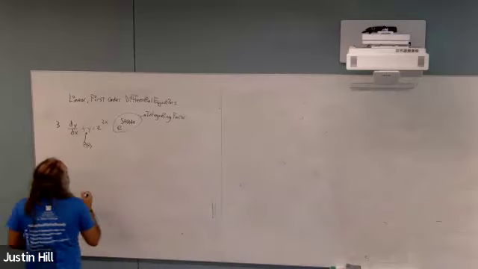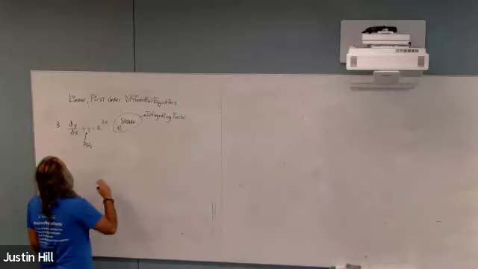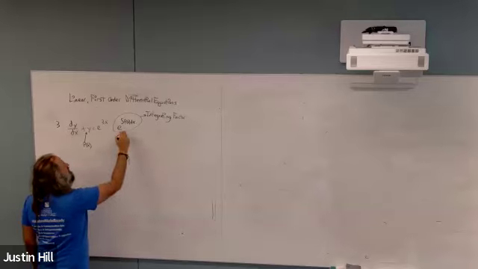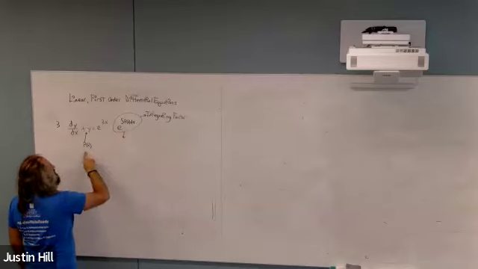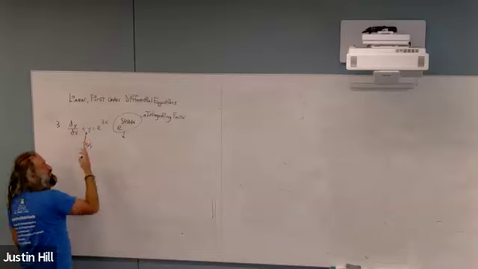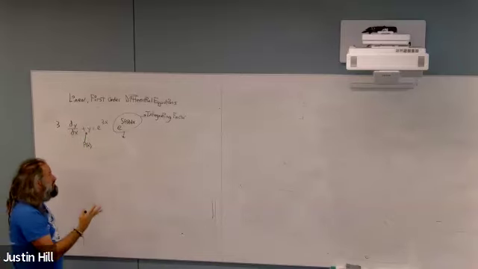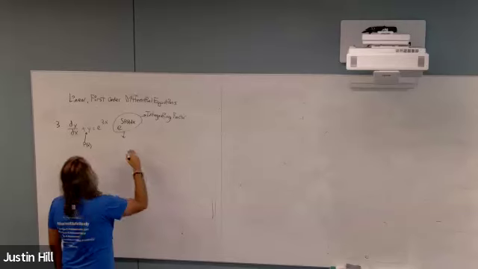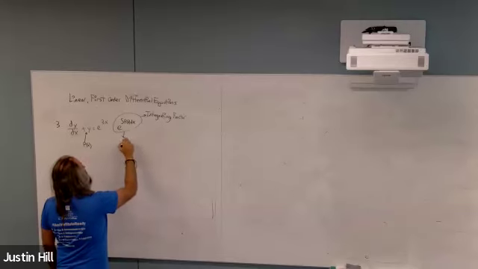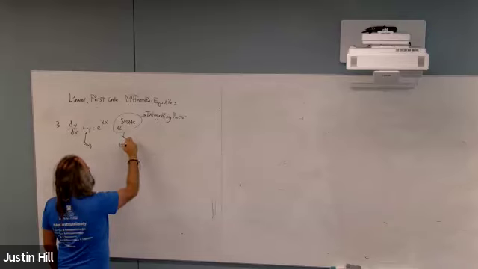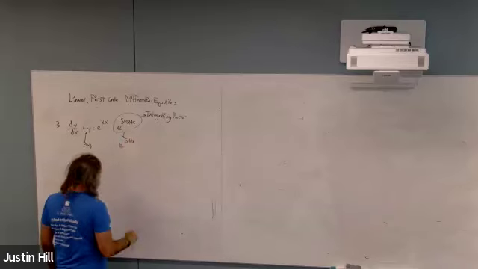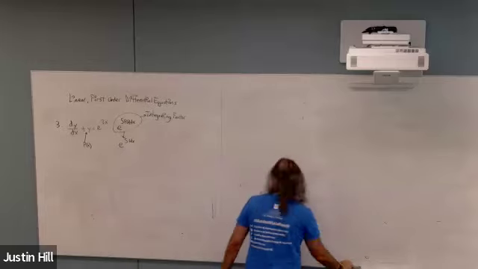So let's figure out what this integrating factor is. We said p of x is whatever's in front of y. What's in front of y? Good, just a plain one. So my integrating factor is going to be e to the integral of 1 dx.